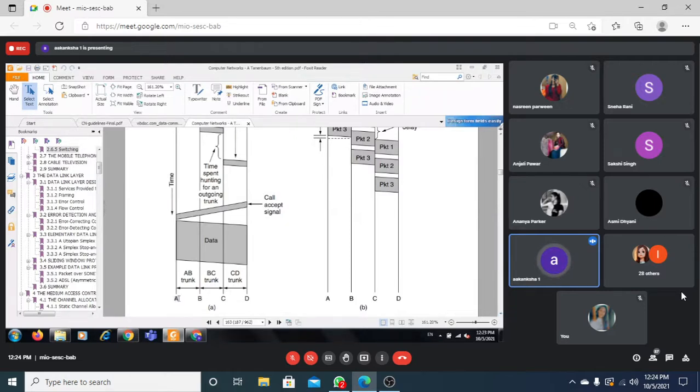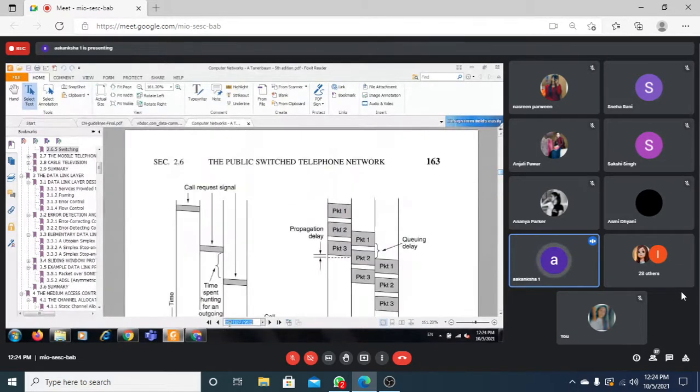A is the sender, D is the receiver, but B and C are the switching hubs or switches, or the toll offices or the end offices, exchange offices. So A to B trunk, the data will be sent, B to C and C to D. The actual time taken here will be the time for establishing the actual physical path or the actual connection.